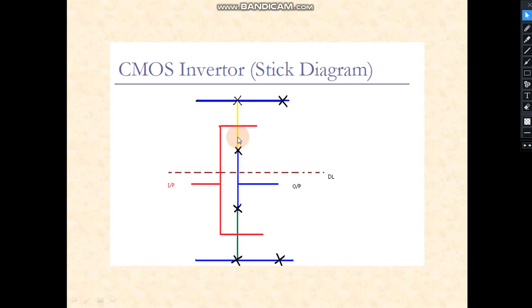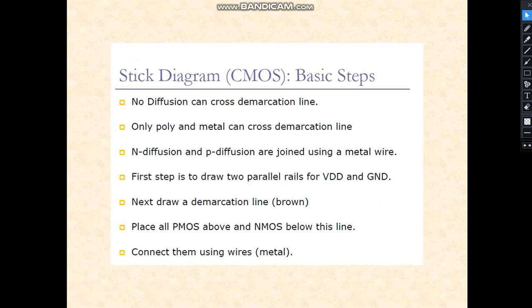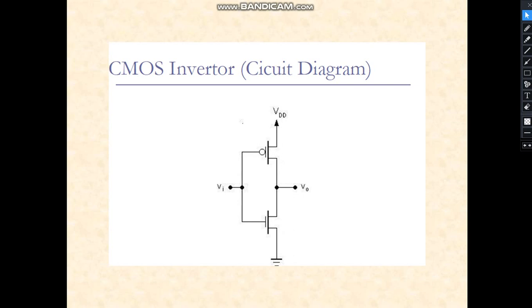Whenever a diffusion and a metal intersect, a connection point, means a contact, is there. In this demarcation line, the above portion is for PMOS and the lower portion is for NMOS. Okay, so let's start with the CMOS inverter.